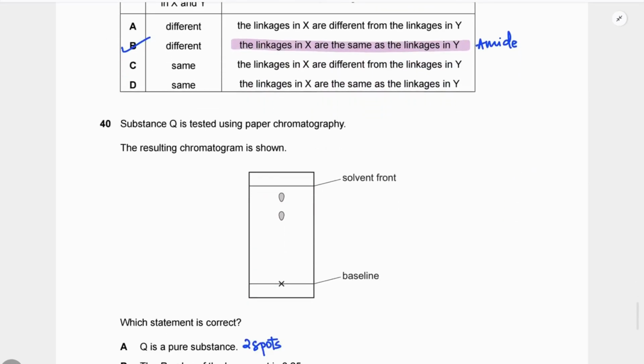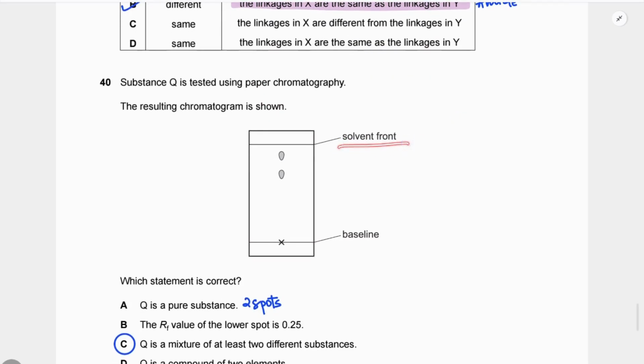Question 40. Substance Q is tested using paper chromatography. The resulting chromatogram is shown. Which statement is correct? Q is a pure substance. As you can see, it is impure because we have two spots here. The Rf value of the lower spot is 0.25.